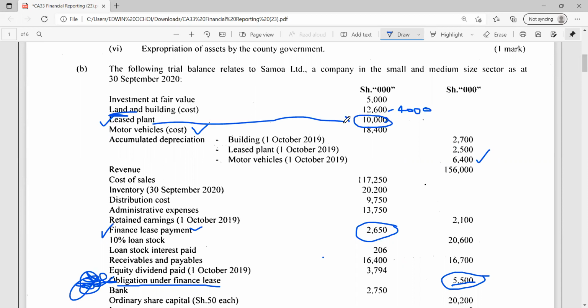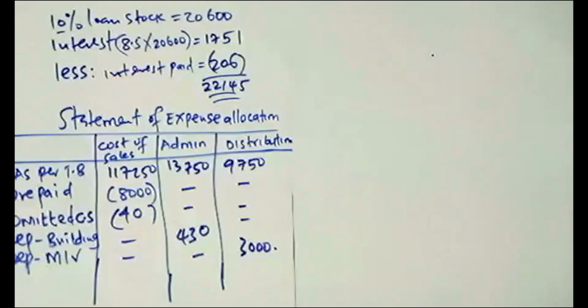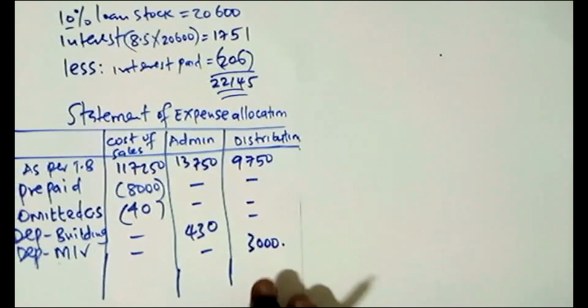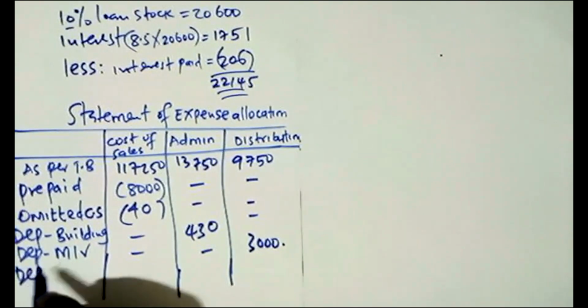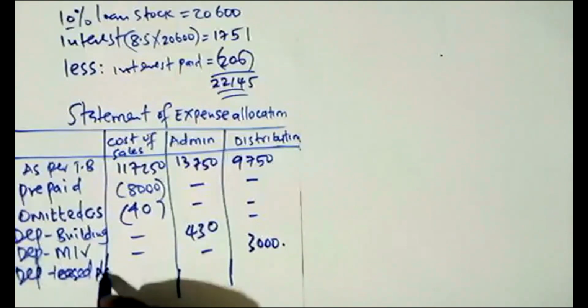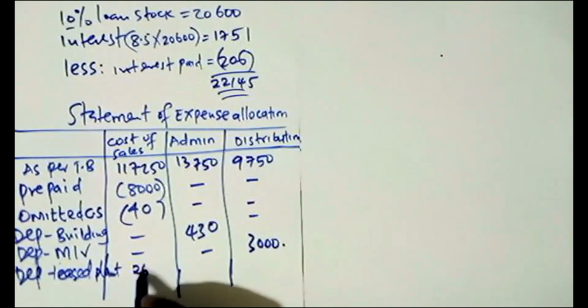You divide with 4 years. So 10,000 divided by the economic life, that is 4, you get 2,500. So depreciation of the risk plant is 2,500, and you classify it under cost of sales.